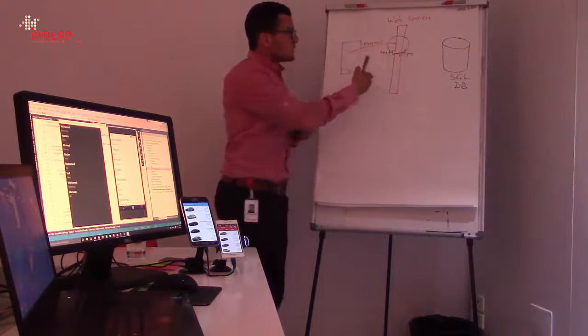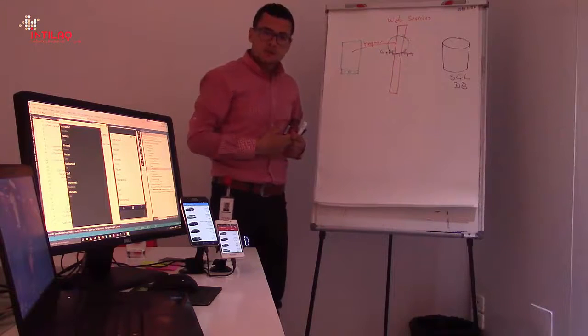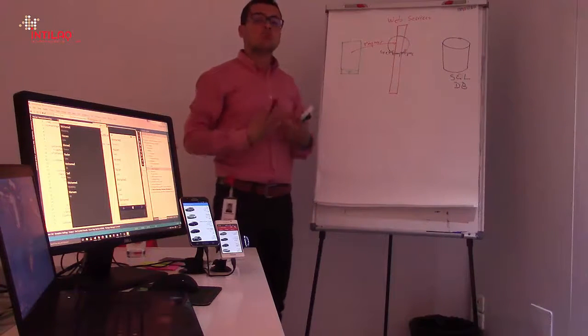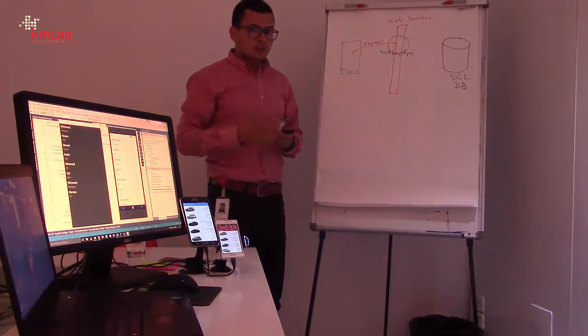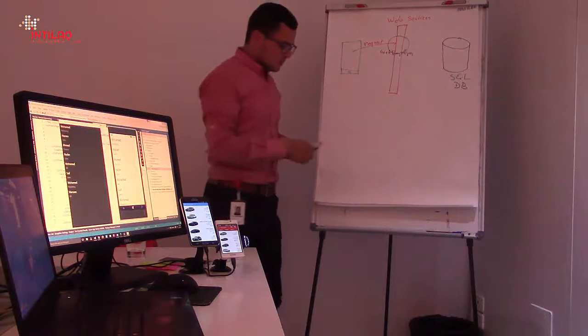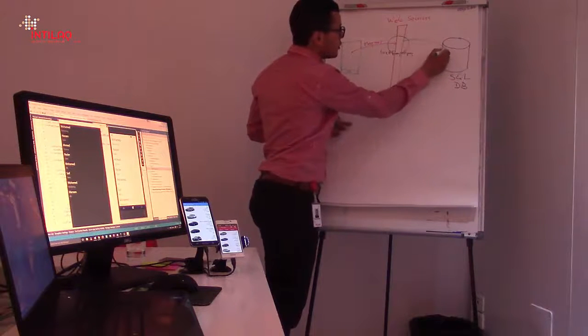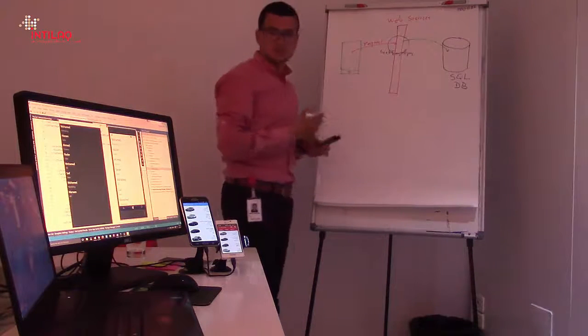So the web services get that request. It understands that the application wants to get the list of the employees, so it will go to the database and ask it to get the list of the employees.